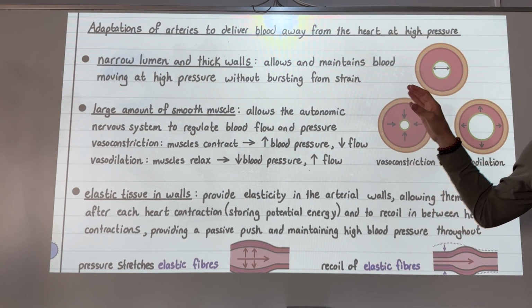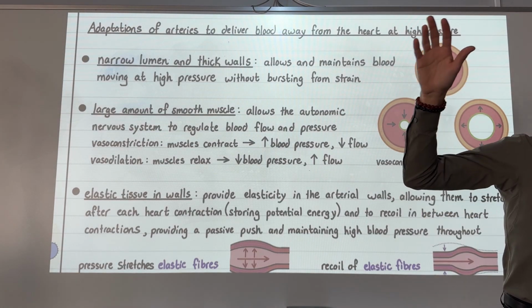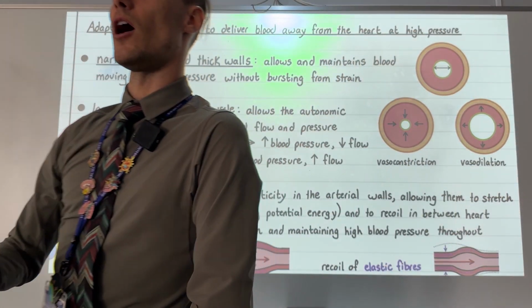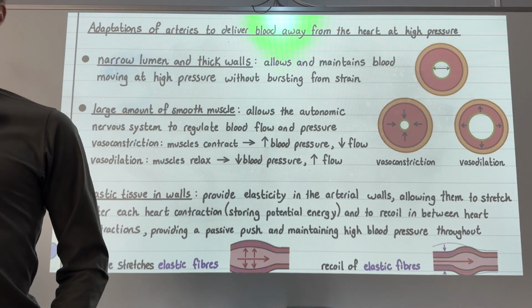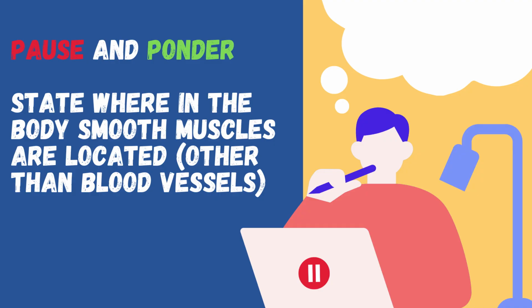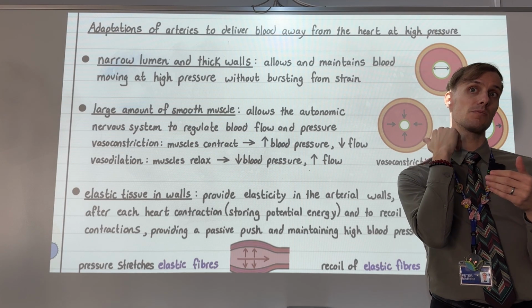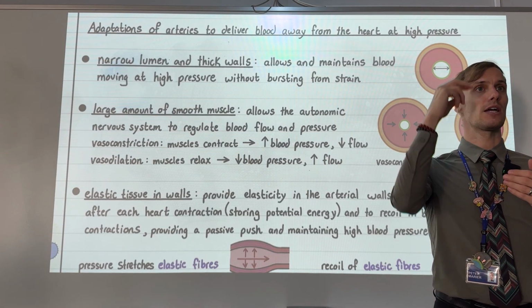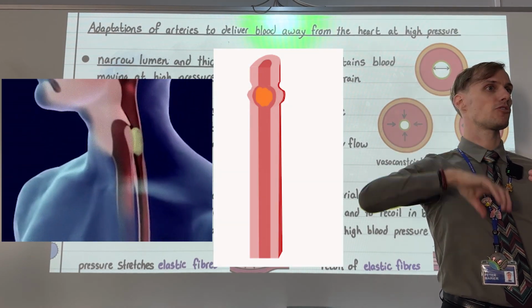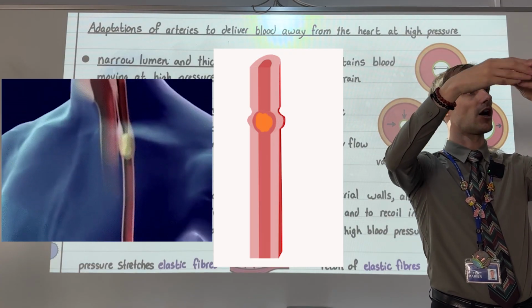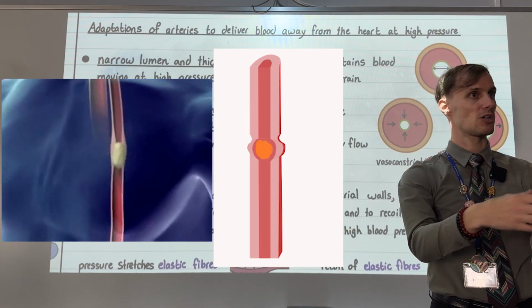So, as another example, can anyone think of anywhere else in the body, other than your blood vessels, that has smooth muscles? Your esophagus, behind your trachea, is where you move a bolus from your mouth to your stomach, and that's actually caused by contraction and relaxation of muscles all the way down.